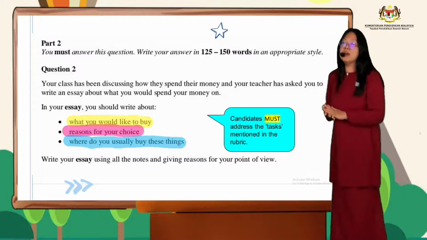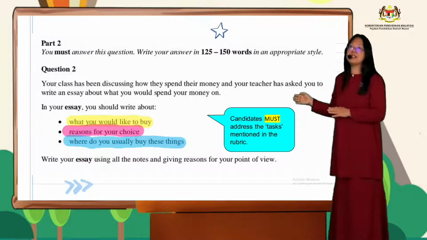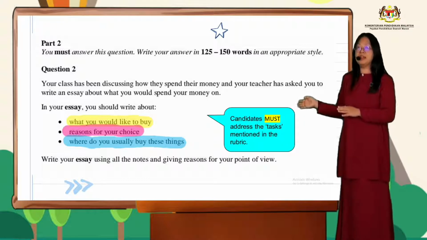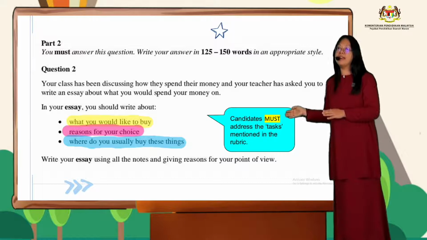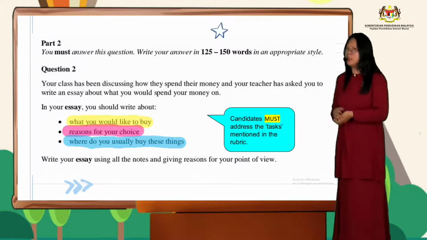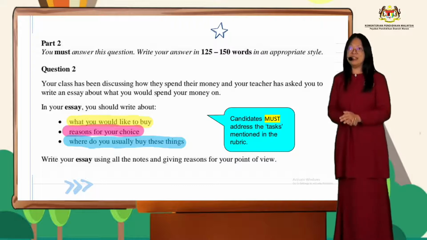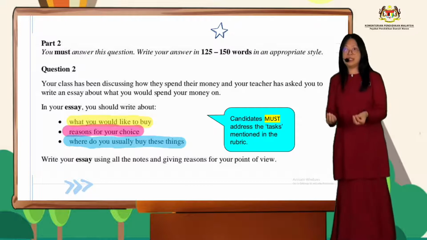So let's look at the question here. Your class has been discussing how they spend their money, and your teacher has asked you to write an essay about what you would spend your money on. So the topic is money, and you are writing this essay to your teacher.